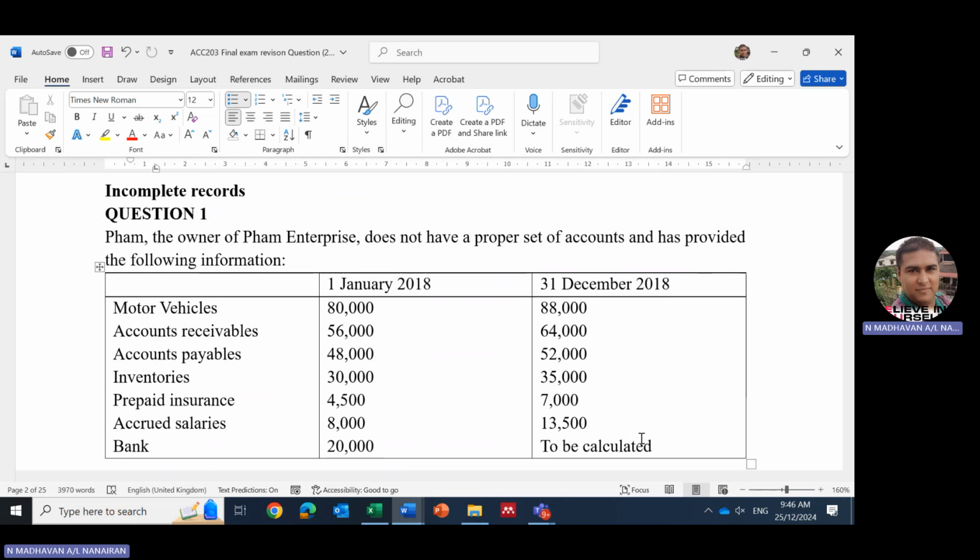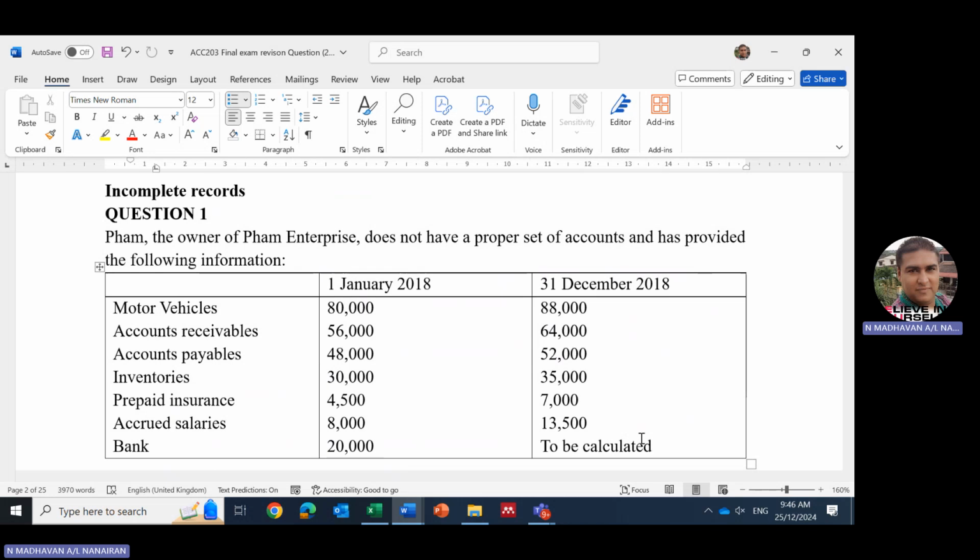Because these reports are prepared by people who do not have sufficient accounting knowledge, which means they have prepared the report based on single entry. Are you with me? So now you are going to help them to prepare the full set of accounts.